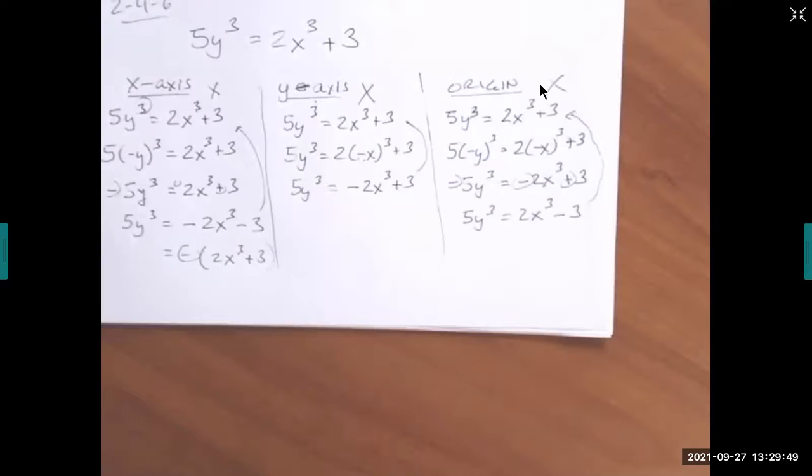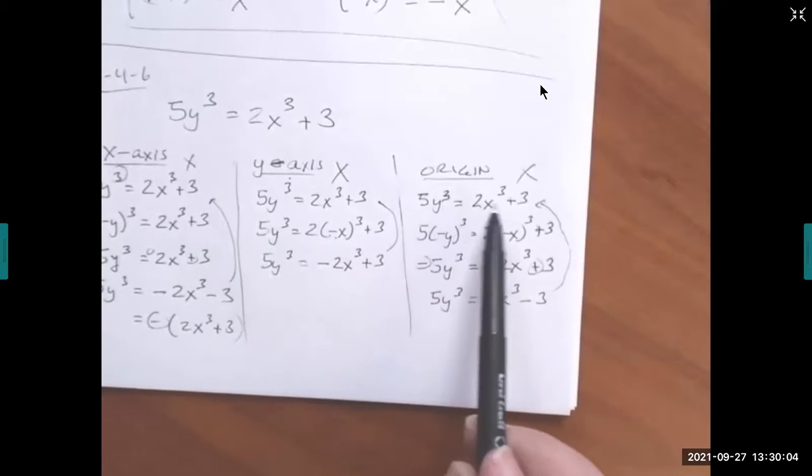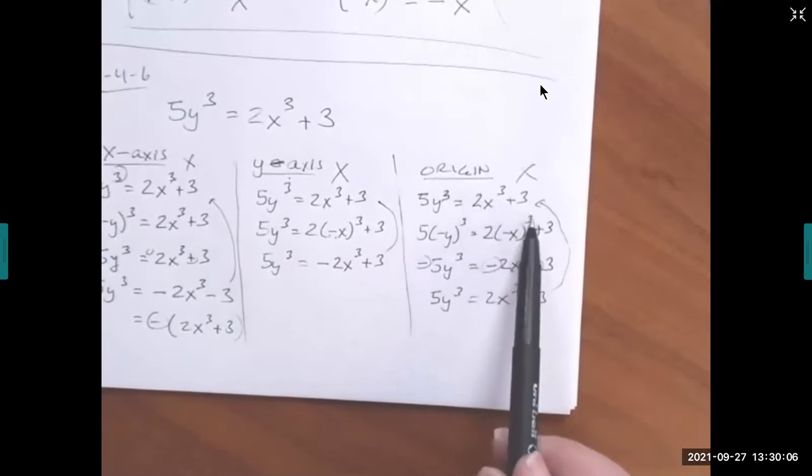How do we know by looking at the exponents and the numbers that it wasn't going to work on the origin? Remember, if you have odd exponents, can you have a constant? Nope.